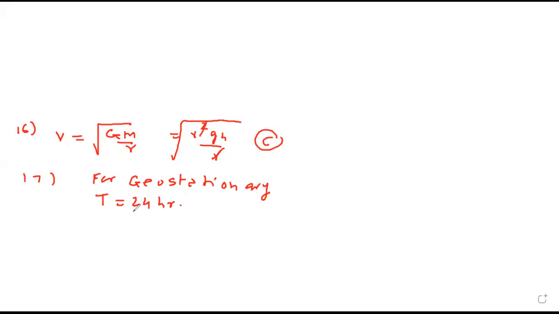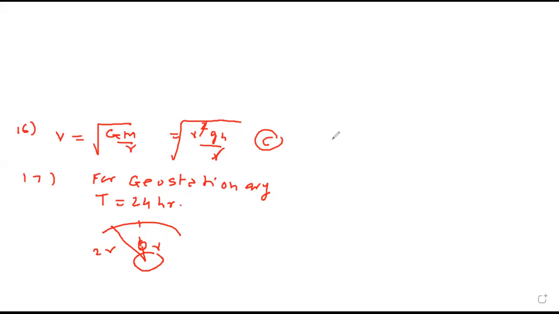If you say geostationary, the time period is 24 hours, that should be in your brain. So a geostationary satellite in a particular orbit is taken to another orbit. Distance from the center of Earth in the new orbit is 2 times. You take this satellite to an orbit where the radius is 2 times the original one. Then what is the new time period?